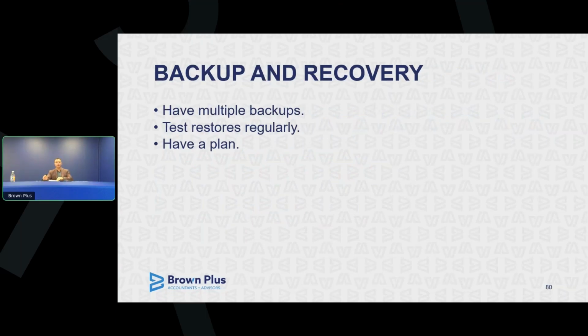Backup and recovery. Okay, so we talked a little bit about maybe you have on-prem data, maybe it's all in the cloud, maybe you're a mix. A lot of the mid-size and larger have a mixed environment right now. If you have any on-prem data, this is specifically for you, but you need to have multiple backups. Okay, and why is that important? Well, most of the time your backups are taking place right where your equipment resides, so you can restore real fast, right?